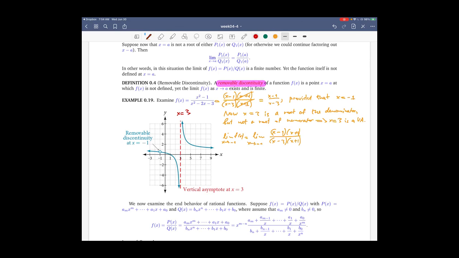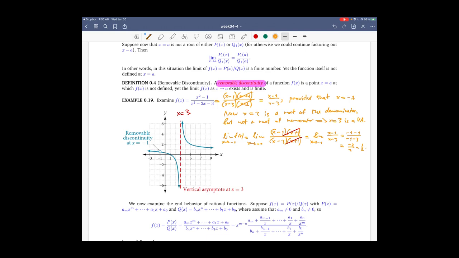X is close to -1, but x is not exactly -1. So x plus 1 is not exactly 0, and the cancellation by x plus 1 is safe. So this limit is simply -1 minus 1 over -1 minus 3, which is -2 over -4, and that is 1/2.